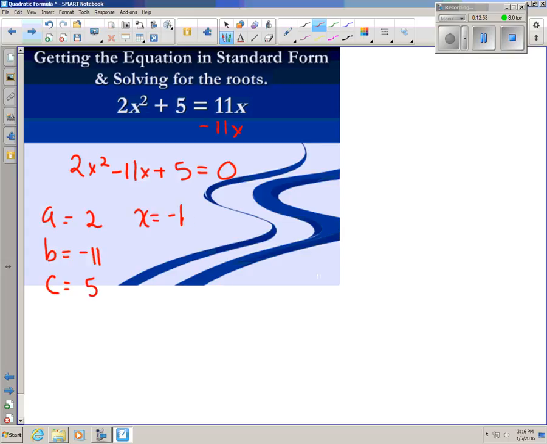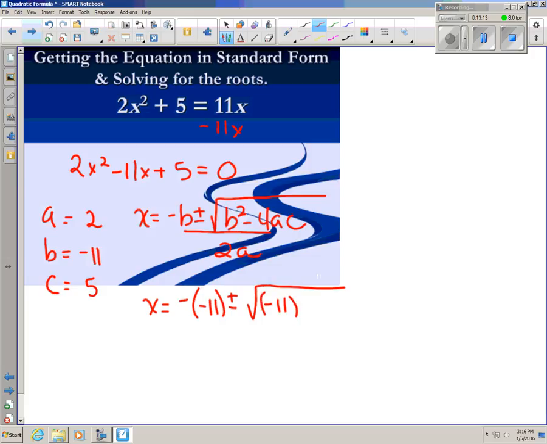X is equal to negative b plus or minus square root b squared minus 4 times a times c all over 2 times a. And I'm going to plug in. So x is equal to a negative 11 plus or minus negative 11 squared minus 4 times a, which is 2, times c, which is 5, all over 2 times 2.